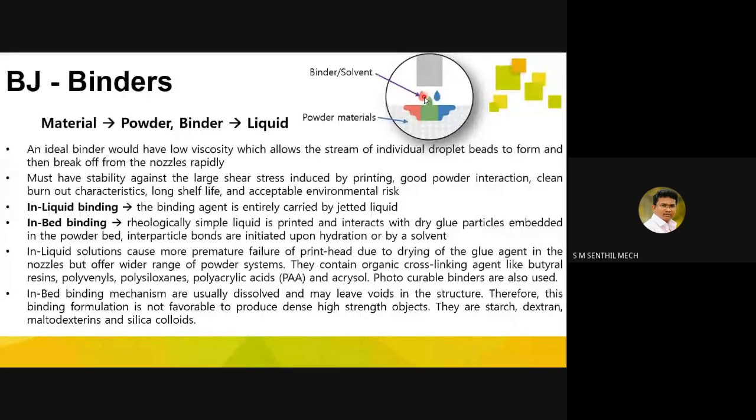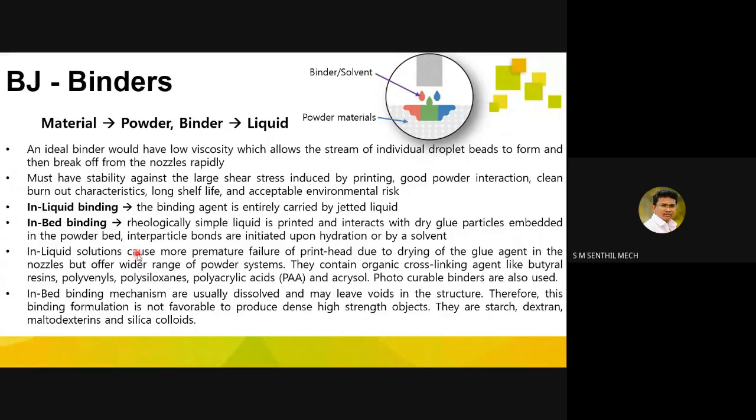You need an initiator to start the binding process. Like that, we use in-bed binding. There will be one component mixed with the powder particles here, and the second, the initiator, will be dropped by this nozzle. Both interact, and they bond the inter-particles of your powder bed.